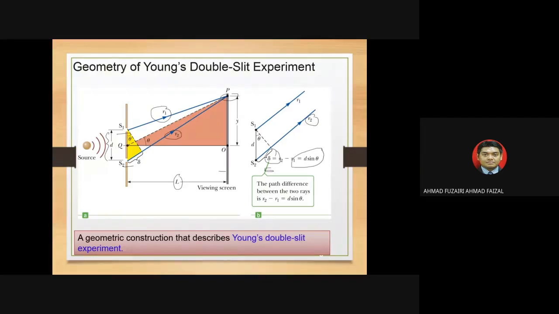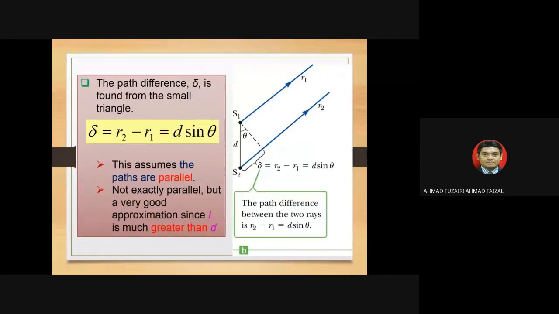So the equation for the path difference is delta equal to R2 minus R1 equal to d sine theta. Now, how do we get delta equal to d sine theta? Delta is the path difference between R2 and R1.